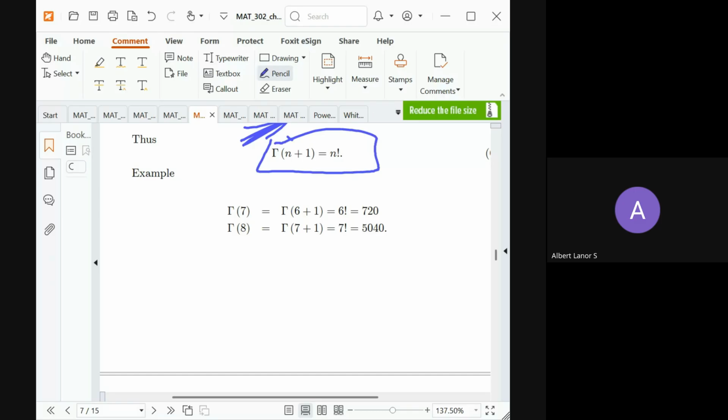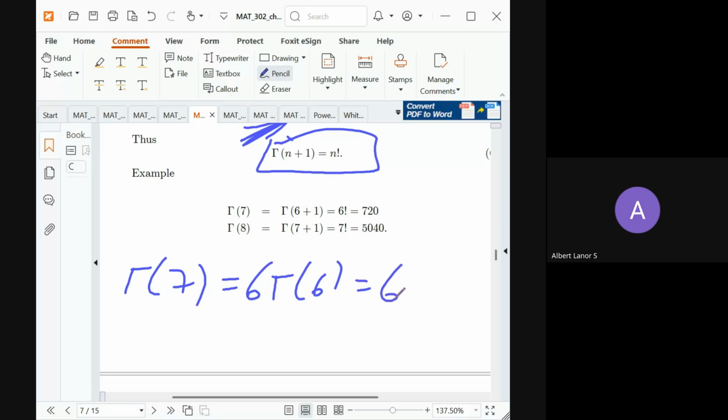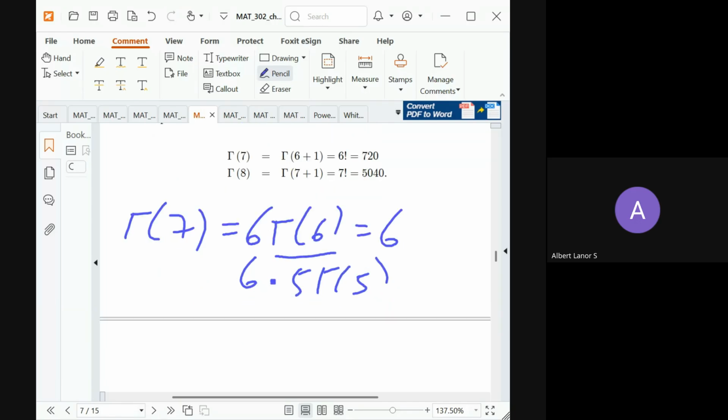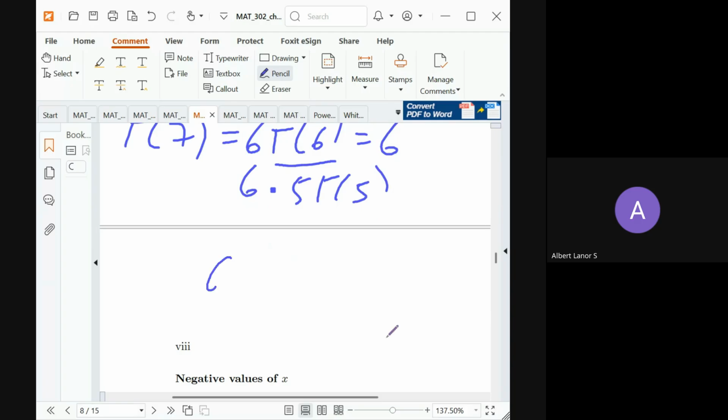Now, the build-up is like this. If I want gamma of 7, gamma of 7 is 6 gamma of 6. So it's x and then gamma of the previous one. Then this would be equal to 6 times 5 gamma of 5.